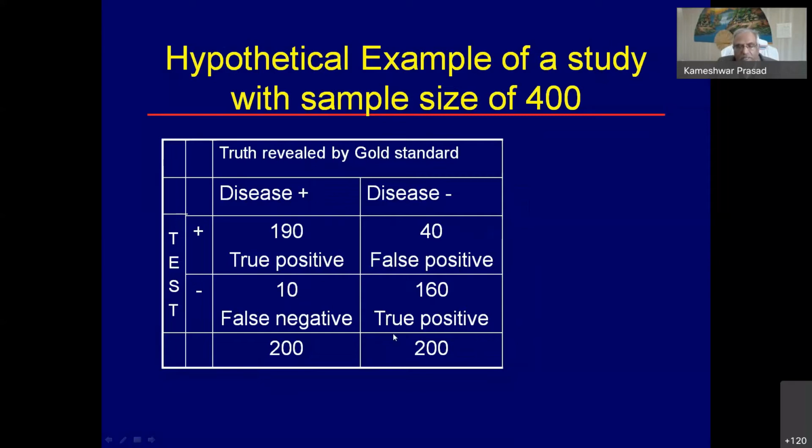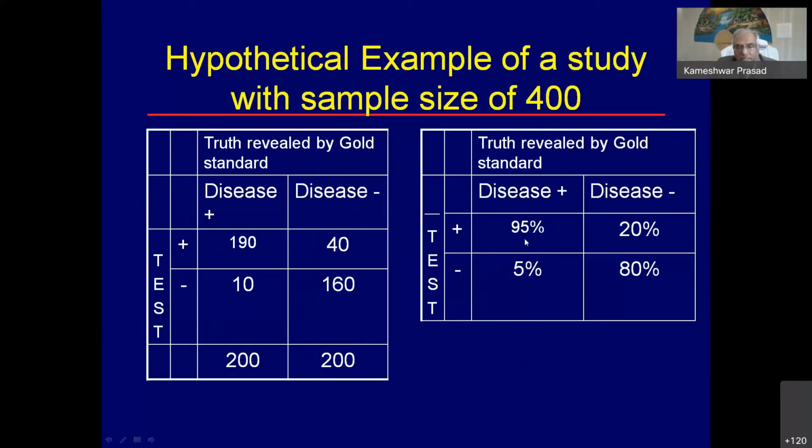Now, if you convert that into percentages, it comes to 190 out of 200 are positive, 95% are positive, 40 out of 200 who don't have the disease are positive, so 20%. Similarly, here 5%, here it is 80%.